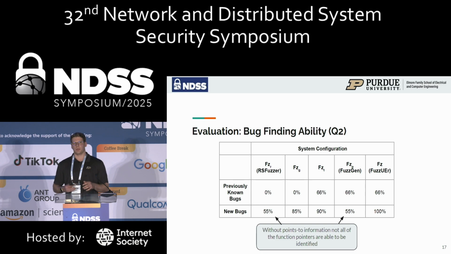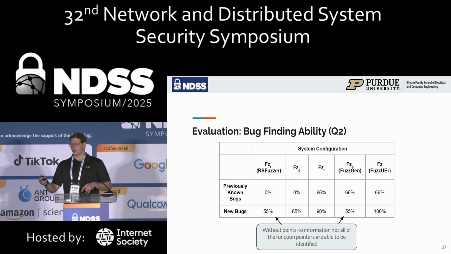To look at the bug finding ability, we were able to find 20 new bugs and reported them all. About half of them have been confirmed, and the rest have been reported but are still unanswered. But you can see across the bottom how well it performs with different variations of our fuzzer. The random fuzzer, which doesn't do any points-to analysis, with no type information and no generator functions, performs the worst.